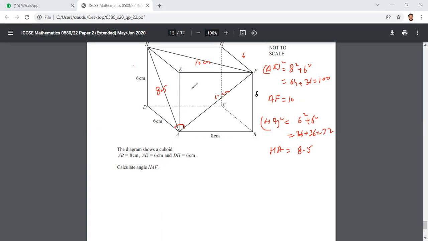So once you know all the sides, we can find this angle, which is HAF, easily. It is not a right angle, so we can apply sine and cosine law, but here we have all the sides, so I will prefer you to use the cosine law.